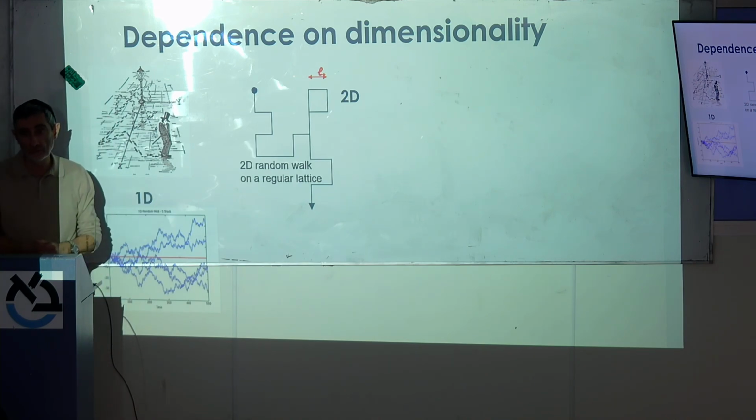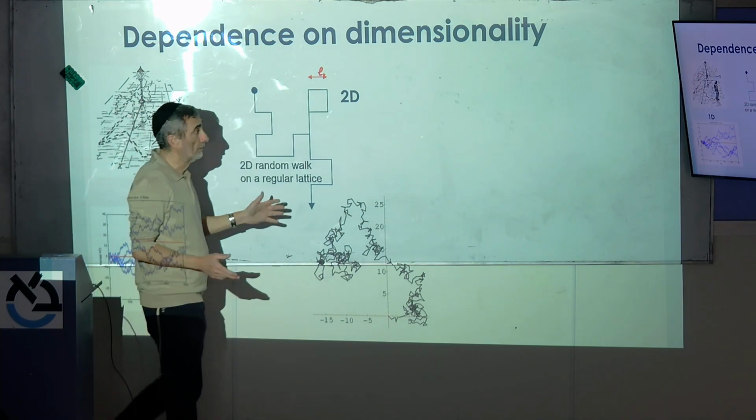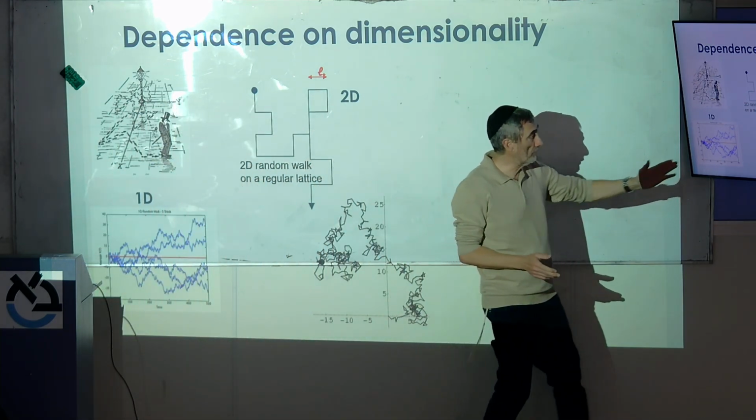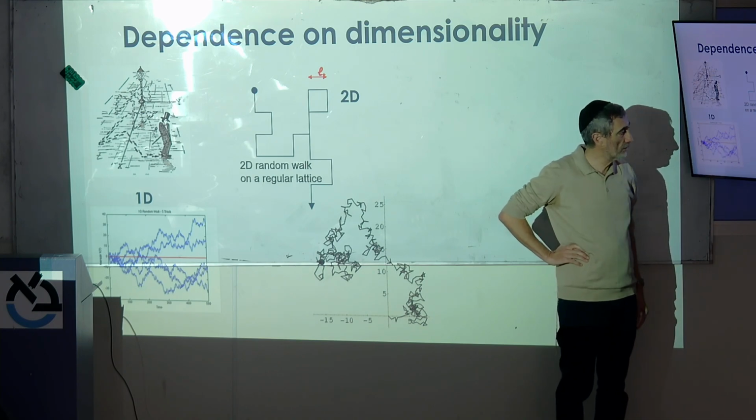So the walk is done, each step is one transport mean free path. You can have a 2-dimension random walk with also random direction. So you can choose randomly the direction that the walker takes.